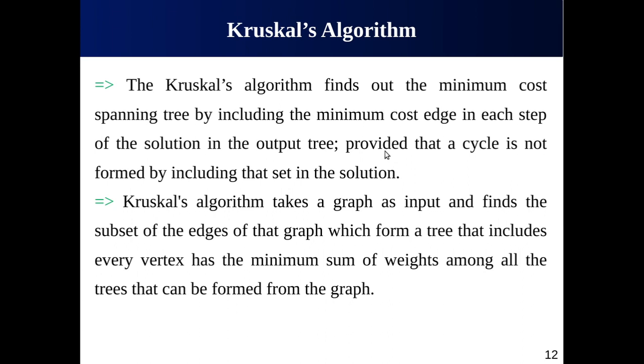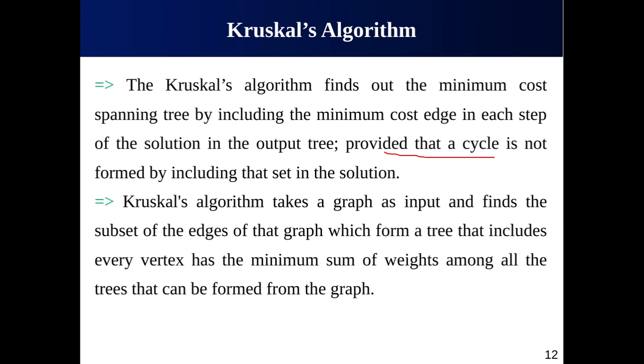You have to proceed in such a way that you avoid a cycle. A cycle should not be formed. So Kruskal algorithm is a minimum spanning tree algorithm that takes a graph as an input. Remember, we have to provide an input, and the input is a graph.